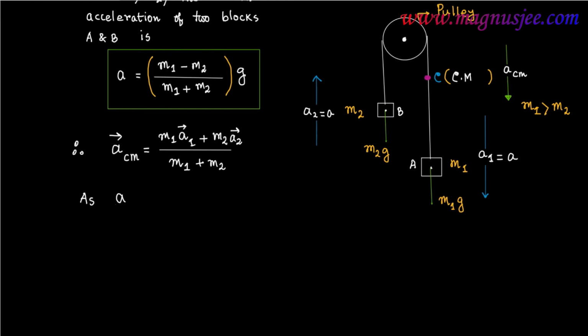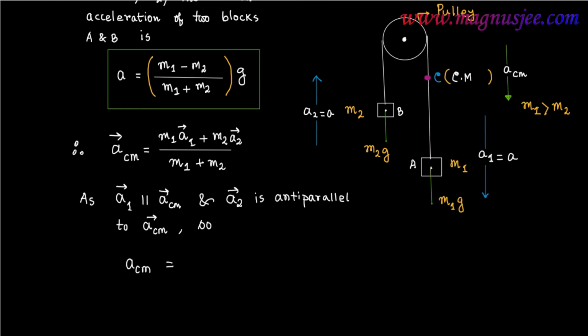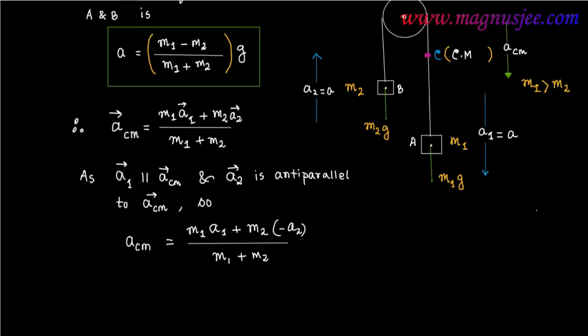As vector A1 is parallel to vector ACM and vector A2 is in the opposite direction, that means vector A2 is anti-parallel to vector ACM. The center of mass C moves downwards and the block M2 moves upwards. That's why A2 will be negative. So ACM equals M1 A1 plus M2 times (minus A2), divided by M1 plus M2.